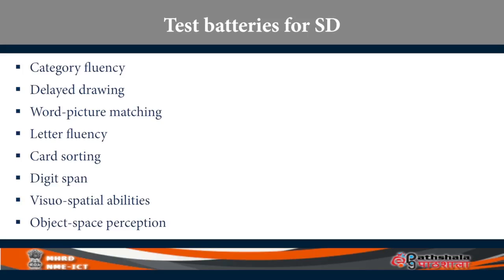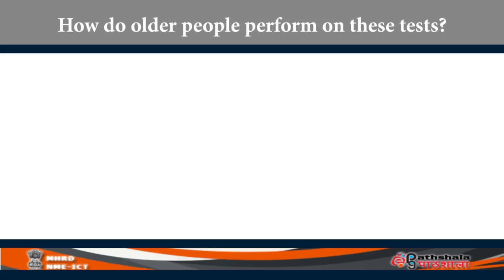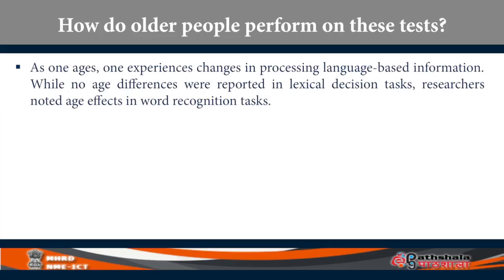But you might wonder at this point how do you differentiate the problems of semantic dementia from old age problems? What about when you grow old, do you automatically become semantic, do you acquire? Not quite. As one ages, one experiences changes in the way we are able to process language based information.